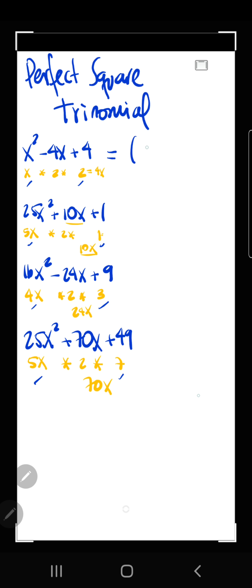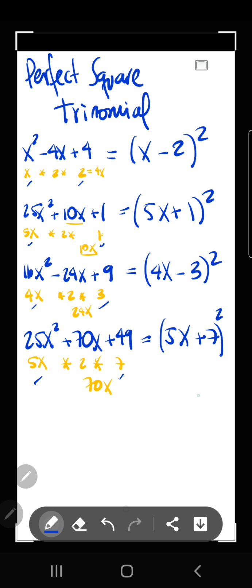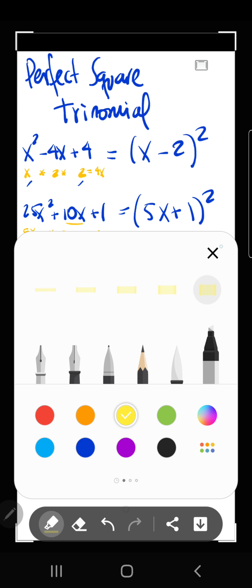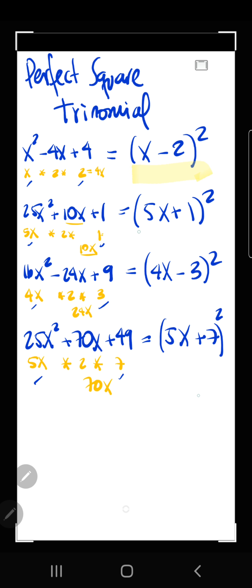So you will say x minus 2 squared, 5x plus 1 squared, 4x minus 3 squared, 5x plus 7 squared. And those are the answers. A binomial squared is the answer of a perfect square trinomial.